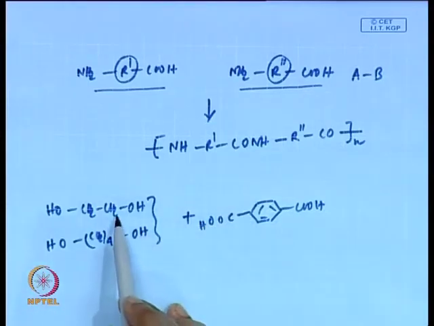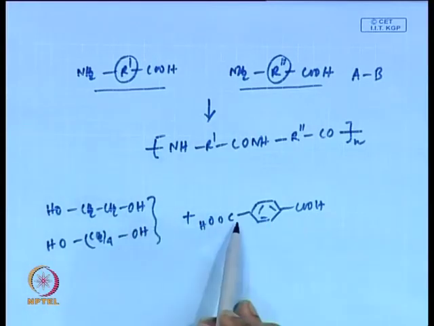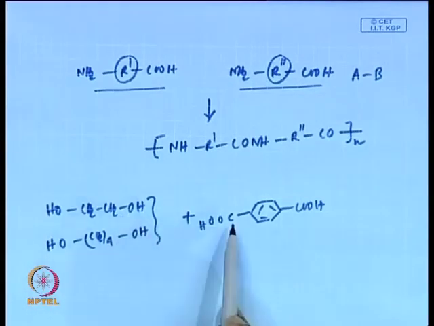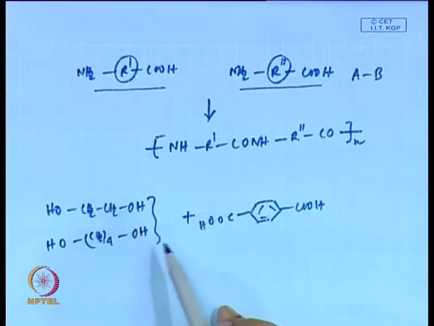Now, in this case you make a copolymer which has a polyethylene terephthalate unit and it also has a polybutylene terephthalate unit. So, this is an example of a copolymer of PET and PBT, polyethylene terephthalate co polybutylene terephthalate. And depending upon the ratio of these two, one will be higher or not.